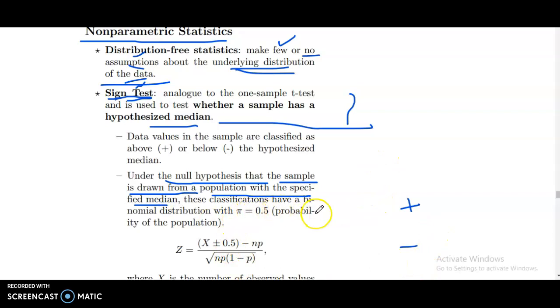This classification has a binomial distribution with pi equal to 0.5 probability of the population under the null hypothesis.